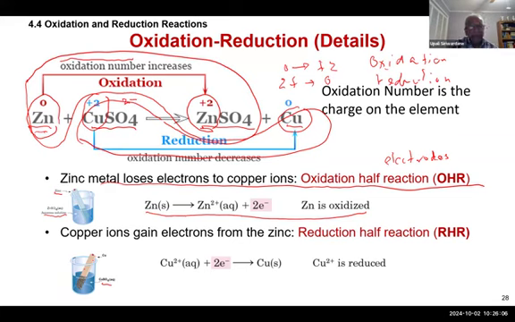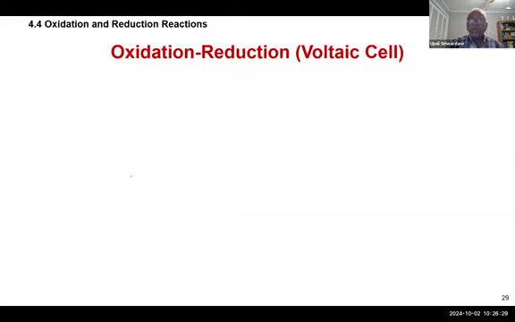Electrochemical cells in liquid form, which have liquids like copper sulfate and zinc sulfate, are called galvanic cells or voltaic cells. Voltaic cell is the correct name, not galvanic cell.